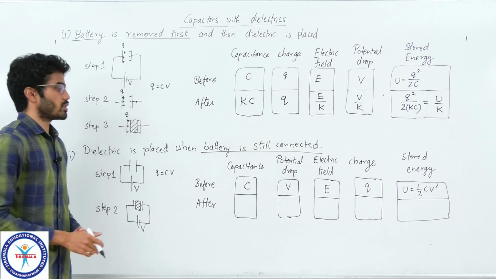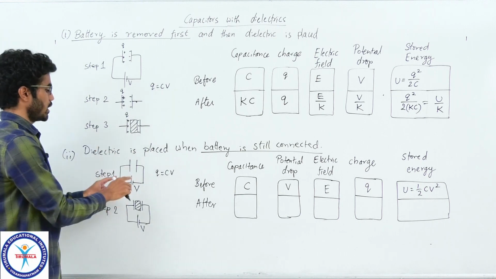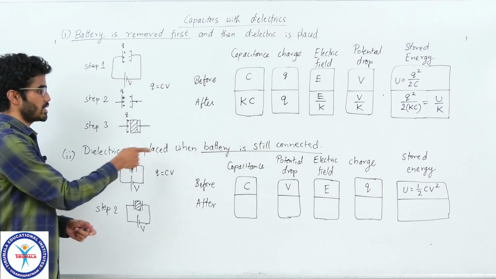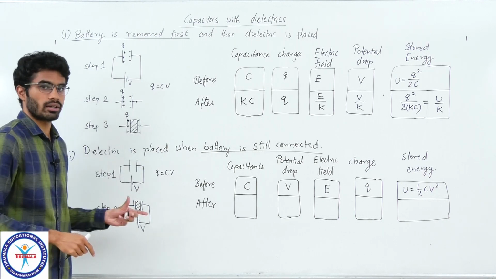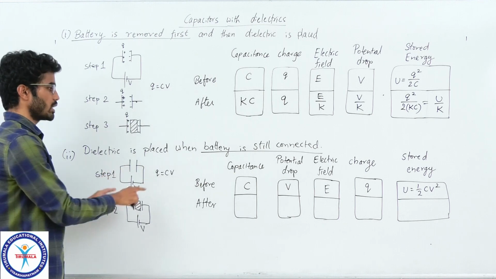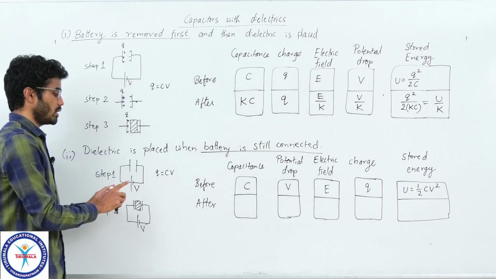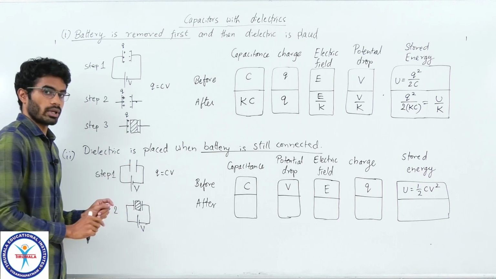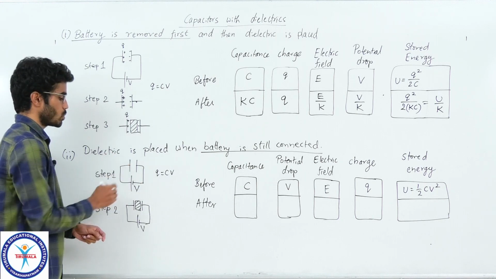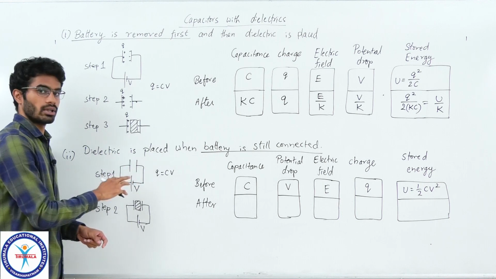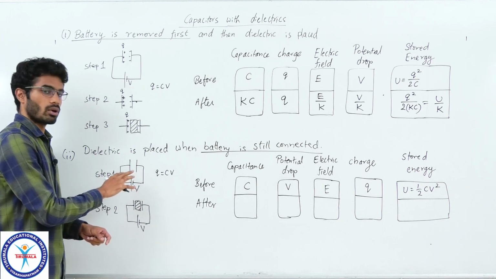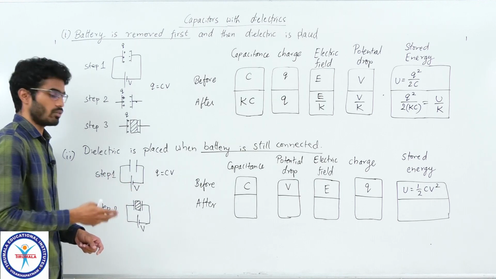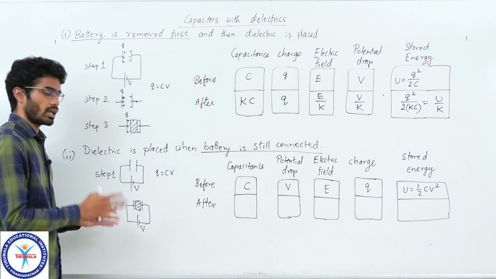Now what happens if you keep the battery connected and then use the dielectric? That is our case 2. The dielectric is placed when the battery is still connected. Whenever the battery is connected, it maintains the potential drop across the points where it is connected. It will make sure that the potential drop is maintained at the value V, which is the EMF of the battery. That is the main idea.